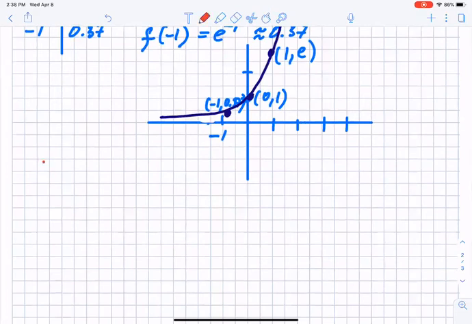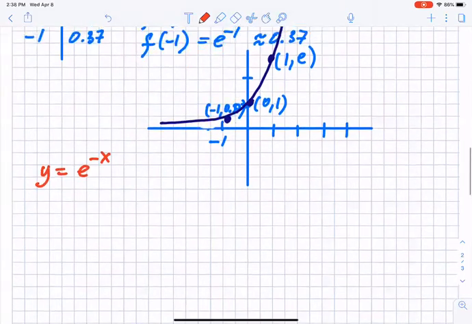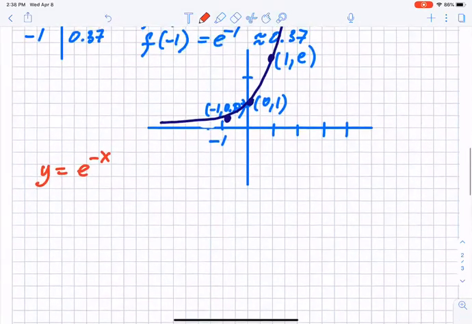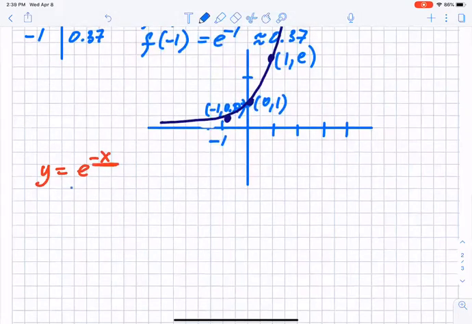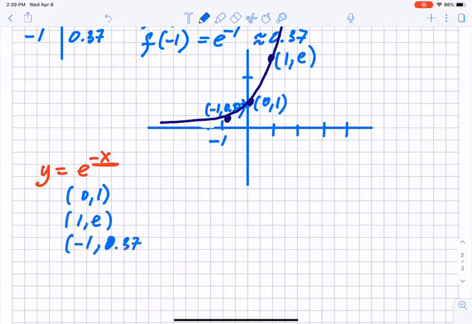Let's take care of y equals e to the negative x. Well, this is the same as multiplying x coordinates by -1. So let's write our points here. We said 0 and 1. We have 1 and e, -1 and 0.37.